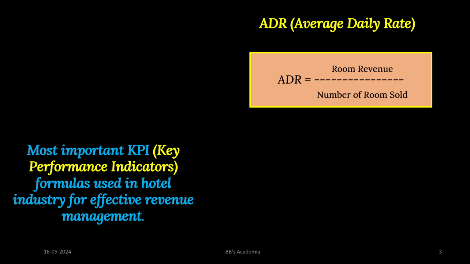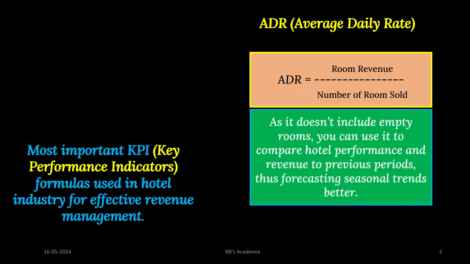Okay, so that is your ADR, means average daily rate. As it does not include empty rooms, you can use it to compare hotel performance and revenue to previous periods, thus forecasting seasonal trends better. Hopefully you got this.